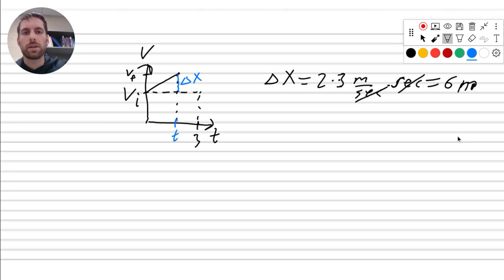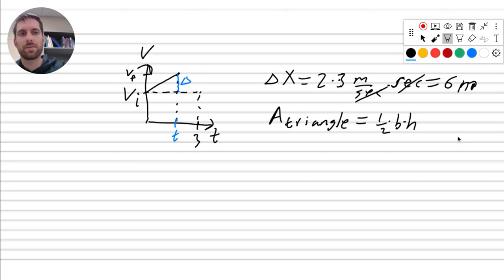And we know the area of the triangle is just 1/2 base times height. Right, and then we know the height's delta x, we know the base is some time, or not delta x, delta v.